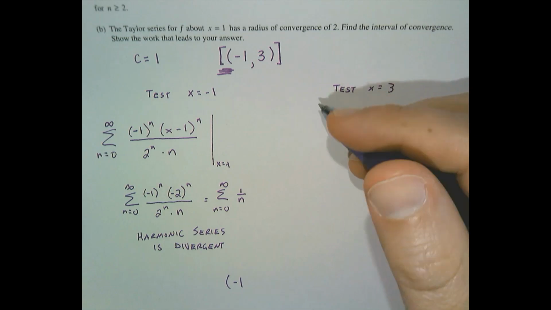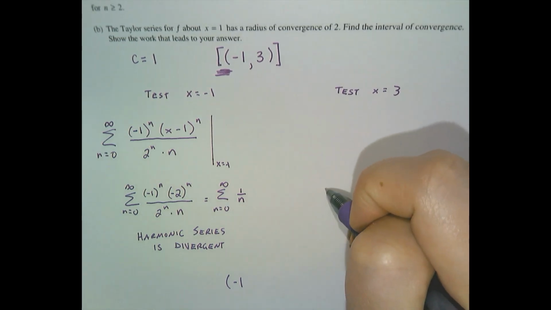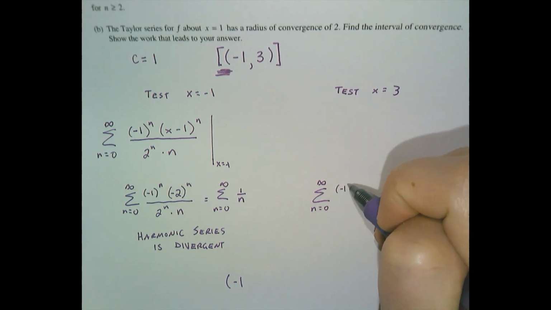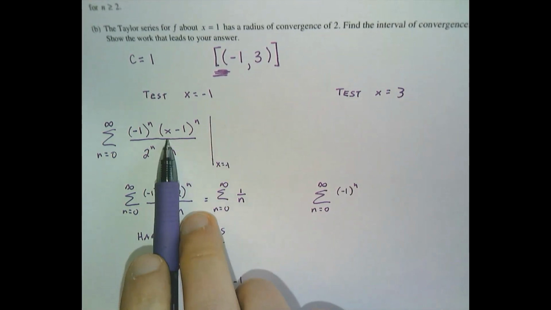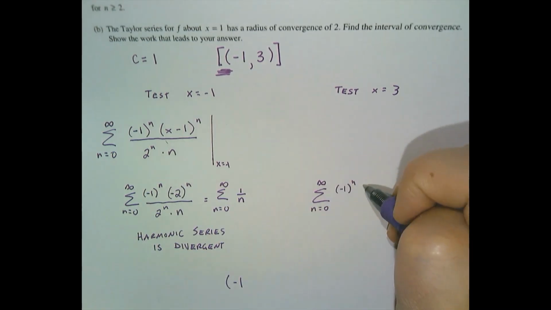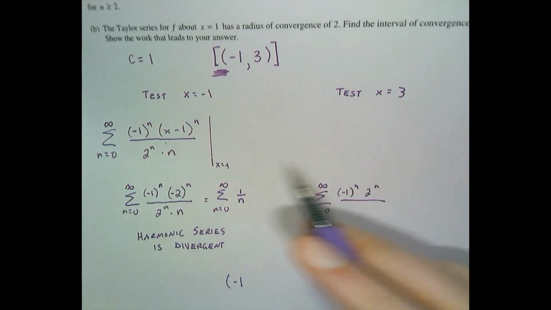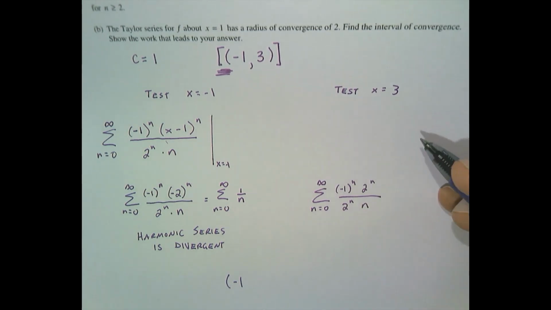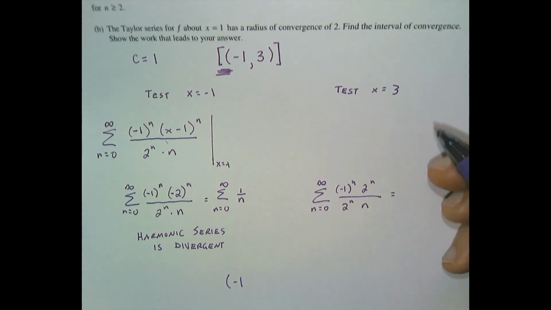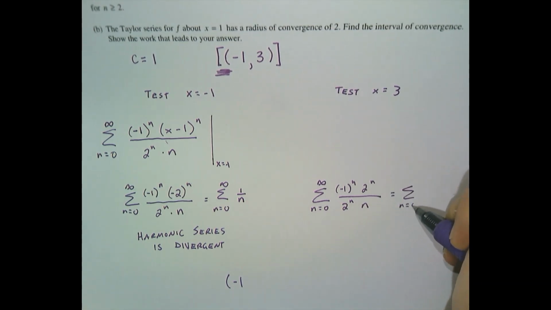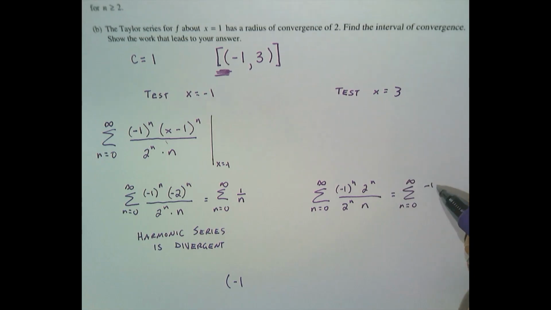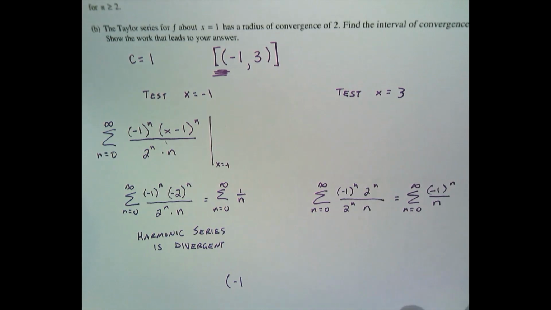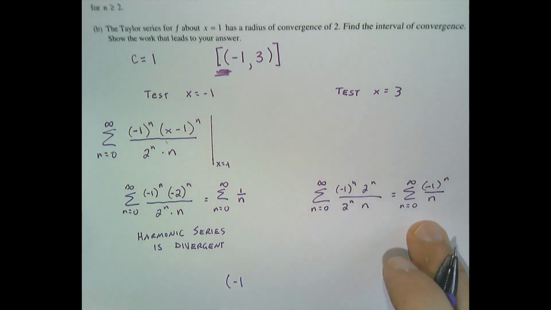Now we're going to repeat this process again for testing x equals 3. Three minus 1 to the nth is 2 to the n. And then the denominator has no x's in it. We see the 2 to the n's cancel, and we finish with an alternating harmonic series.